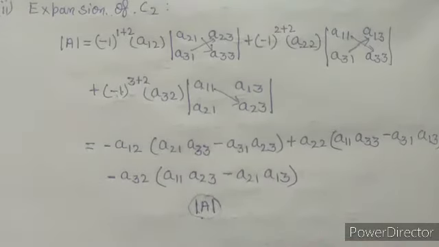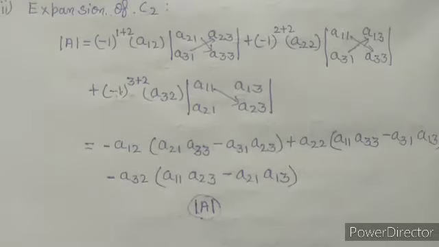This is the sign for determinant A. Now second thing is that only square matrix has a determinant. That means we can find the determinant of a square matrix only.